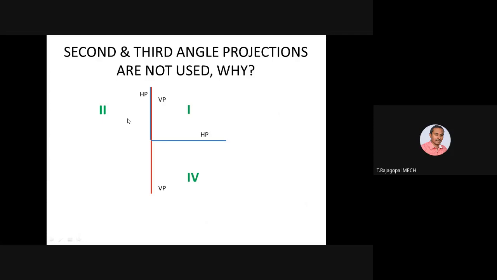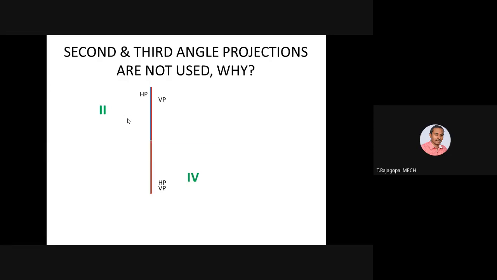In this case, if you draw the front view, top view, or side view, all the views will merge with each other. You cannot easily identify which view is which, or understand the views of that particular object. So that's why we are not using the second quadrant, which means second angle projection.